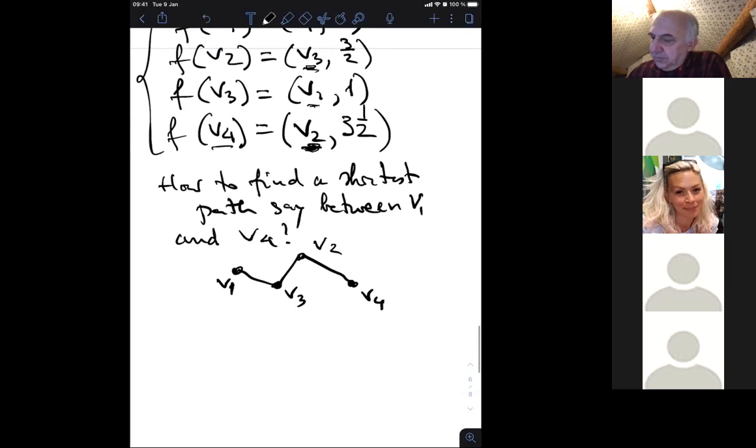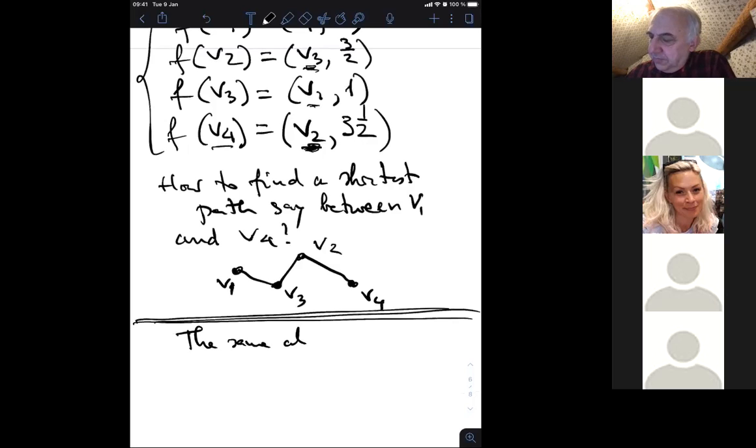So this same algorithm works for directed graphs.